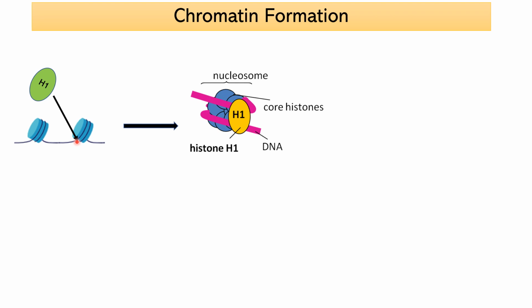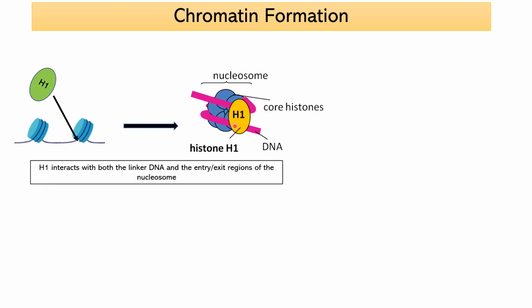So the second level of compaction after the formation of nucleosomes is the formation of chromatin. So what is chromatin? As we just explained, now we have here 2 nucleosomes. Each nucleosome is formed by DNA wrapped around the histone octamer. Once these nucleosomes are formed, a new isoform of histone called histone 1 will interact with them.